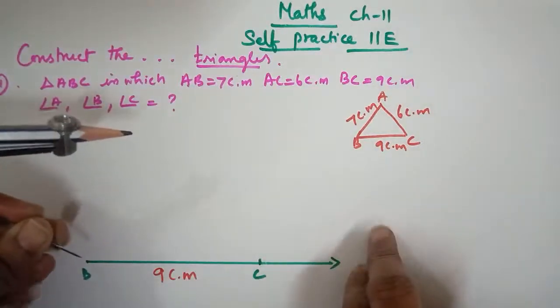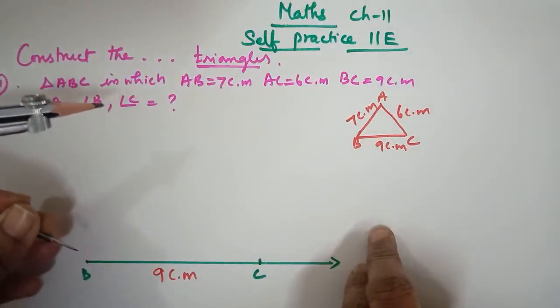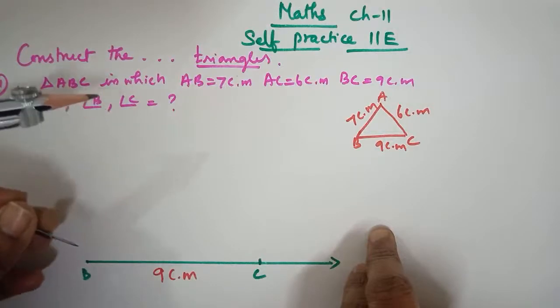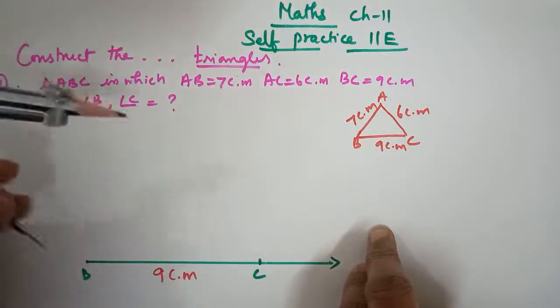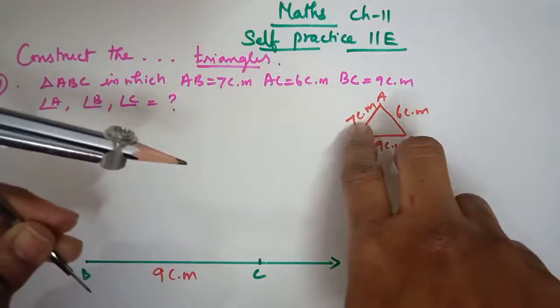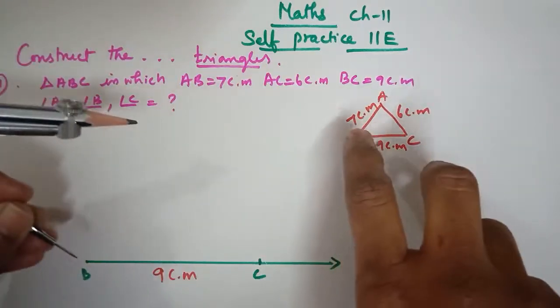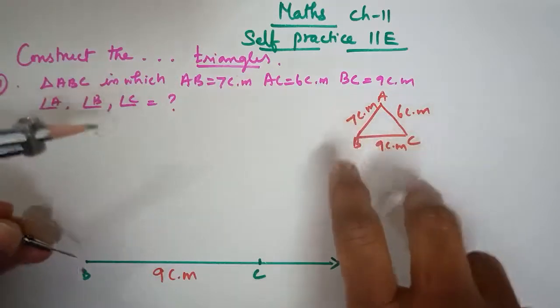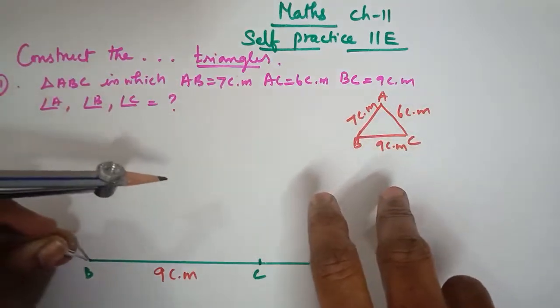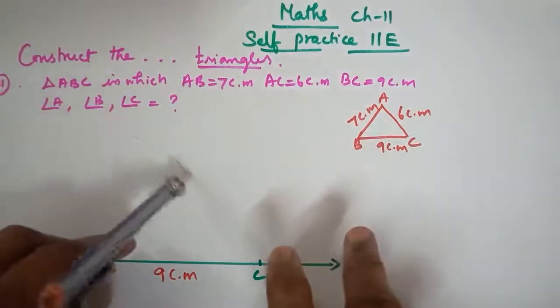Now using the compass, take 6 cm on the ruler, and okay, using the compass take 7 cm on the ruler. And taking B as center, draw an arc.